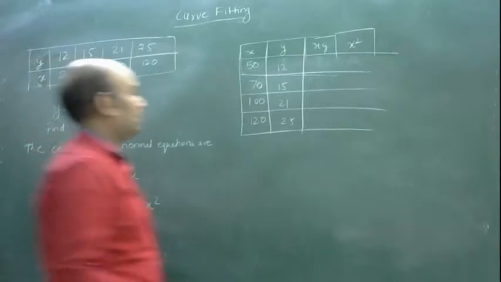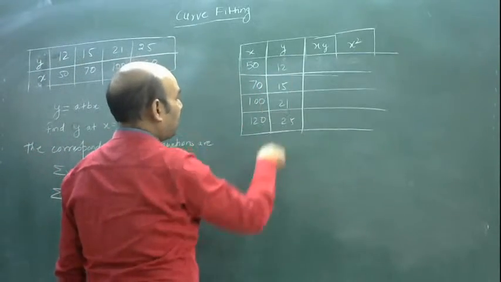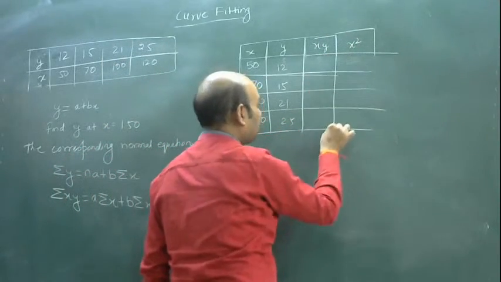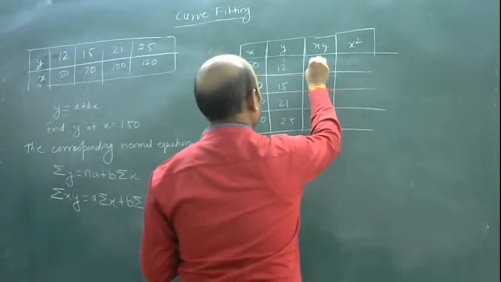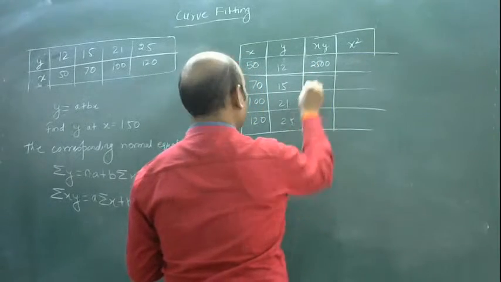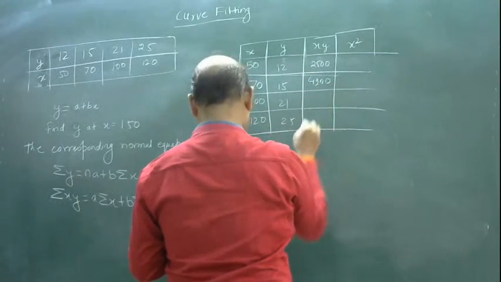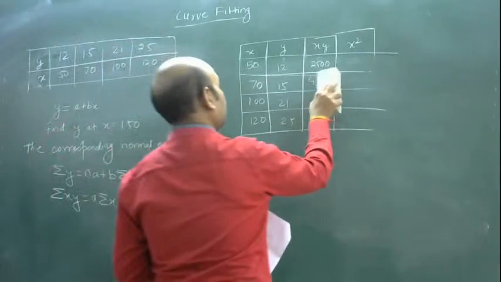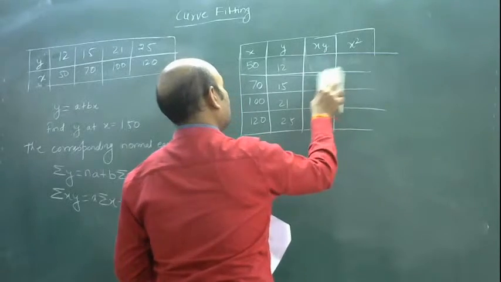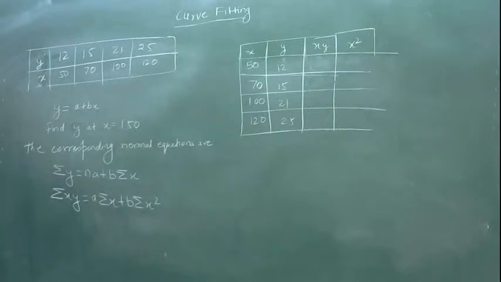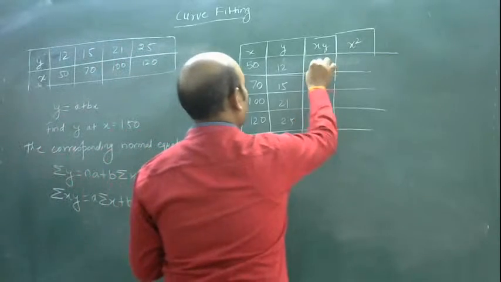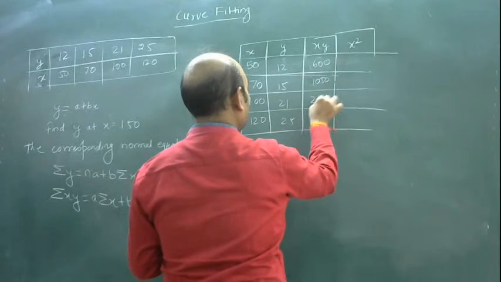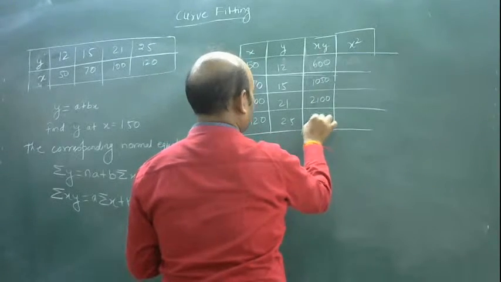Okay, so first summation x is here, summation y is here, then we want summation xy, so we have to multiply x into y. So this is 2500, this is 600, then 1050, then 2100 and 3000.